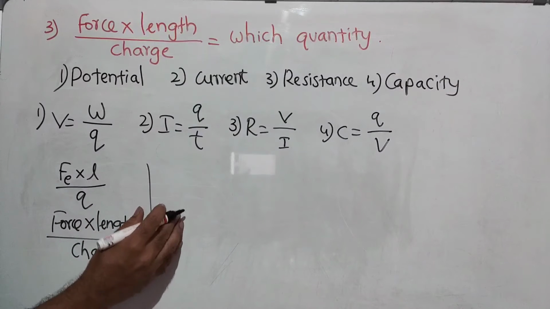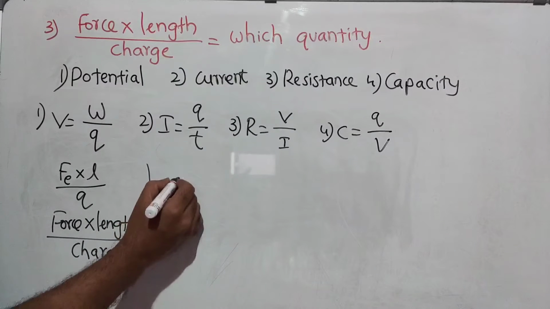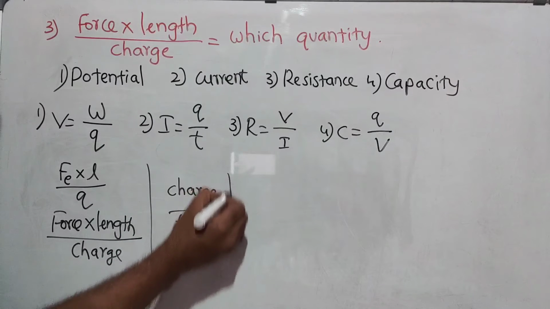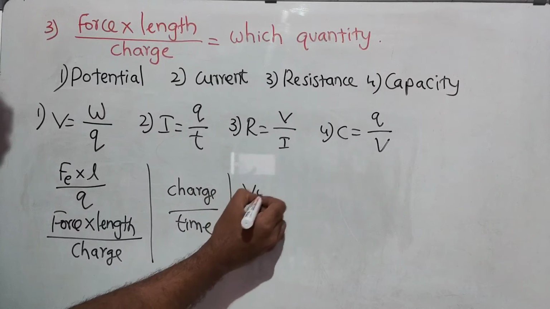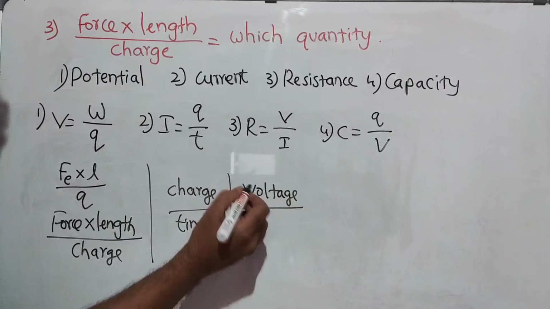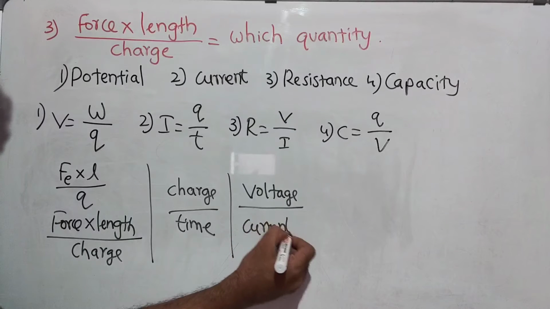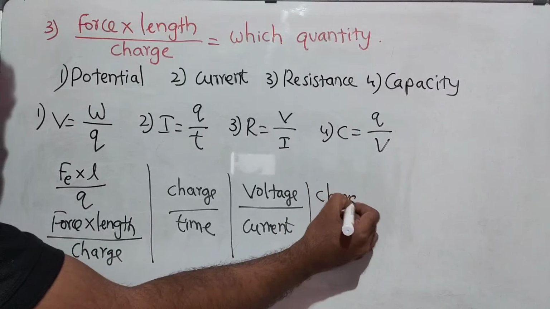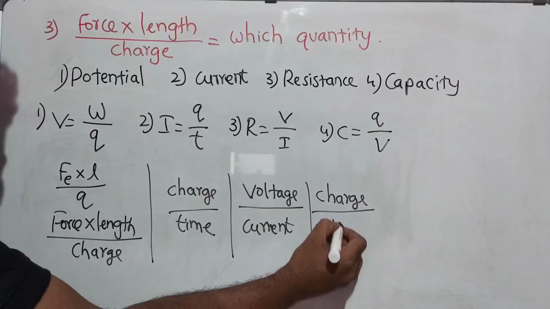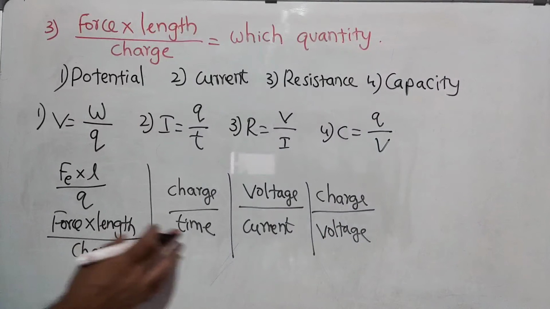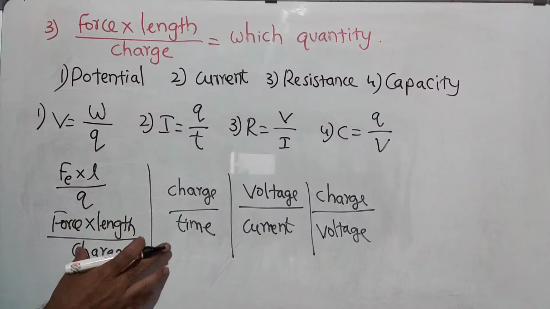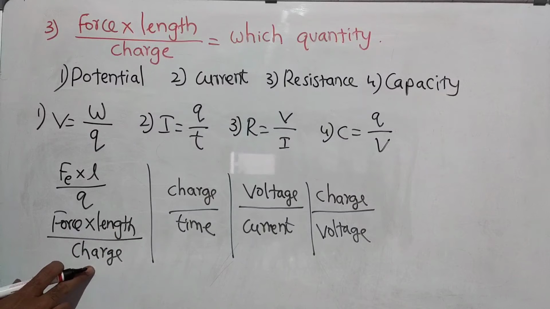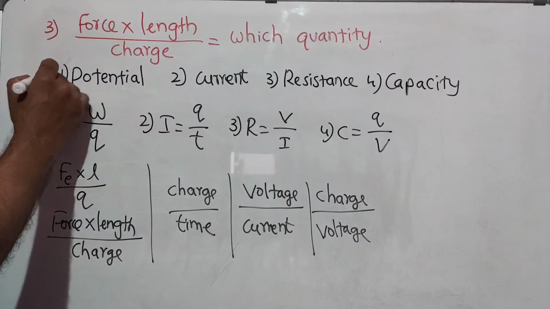And we know current I is equal to charge by time, resistance R is equal to voltage by current, and capacity C is equal to charge by voltage. So by seeing all these four quantities, we came to the conclusion that potential is equal to force into length by charge. So for this question the correct answer is potential.